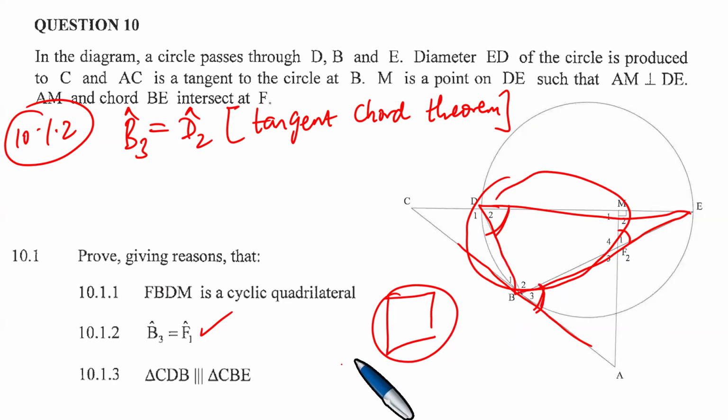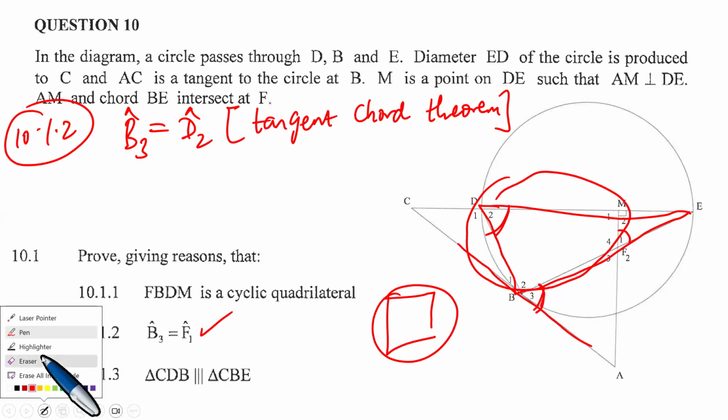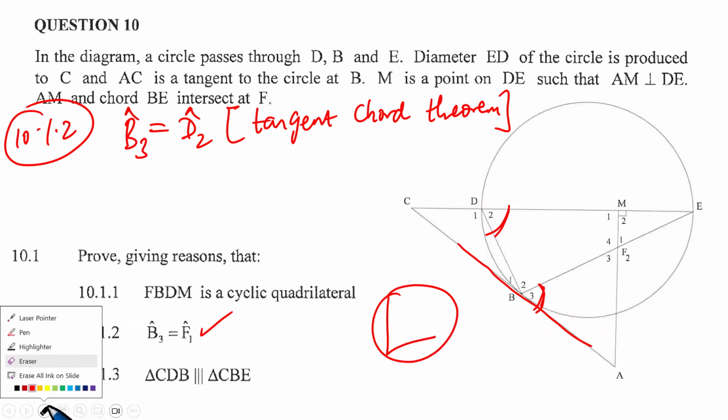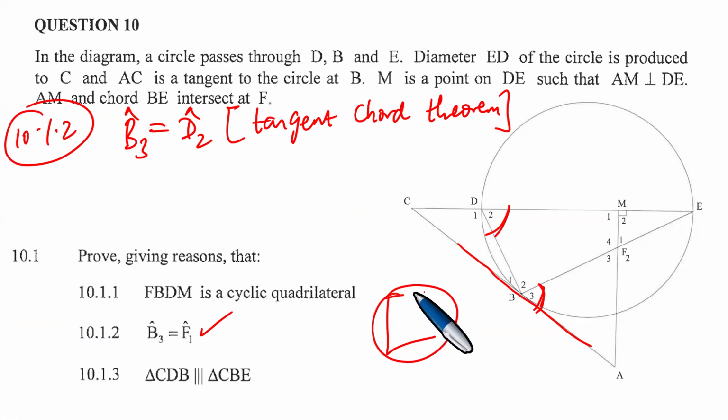Remembering from grade 11, we say the exterior angle of a cyclic quad equals the interior opposite angle. So B3 is equal to D2 by the tangent chord theorem.